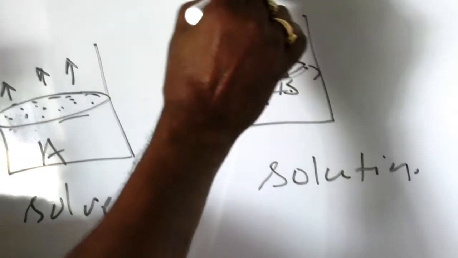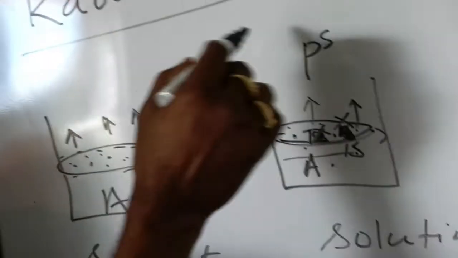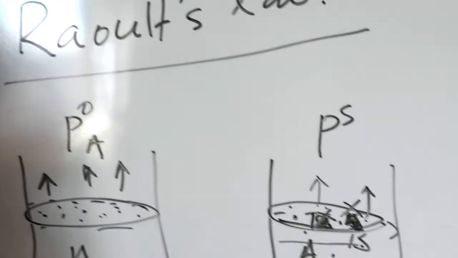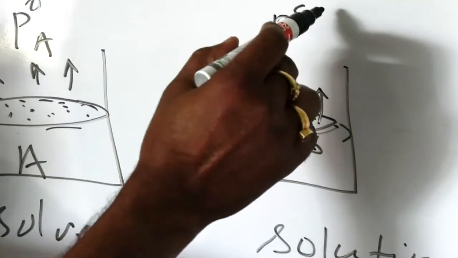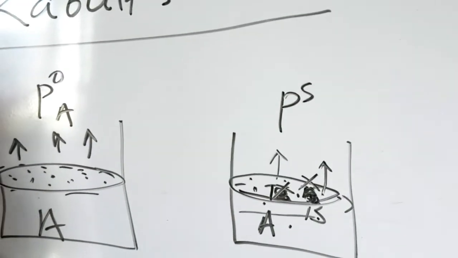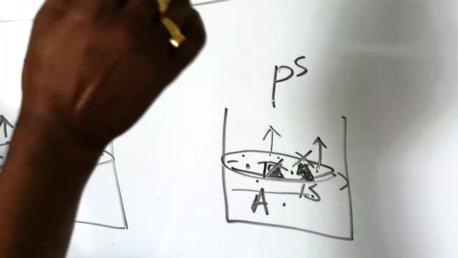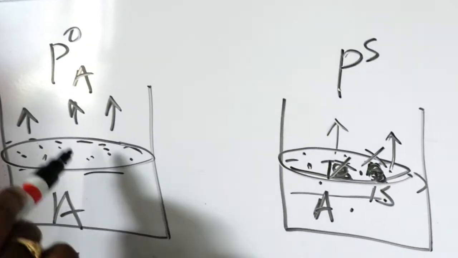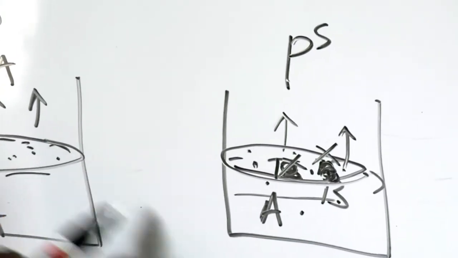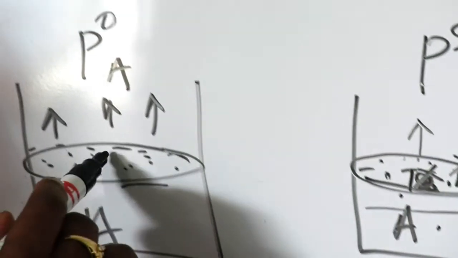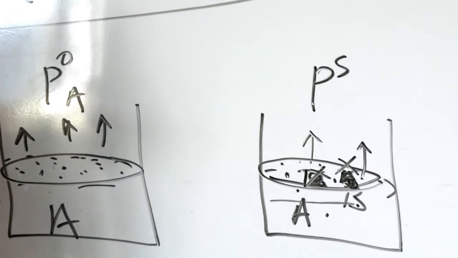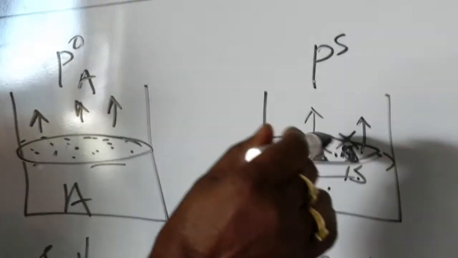So the vapor pressure of the solution is always less than the vapor pressure of the pure solvent, because the surface area occupied by the volatile liquid solvent becomes less, because some solute already occupies that surface area.